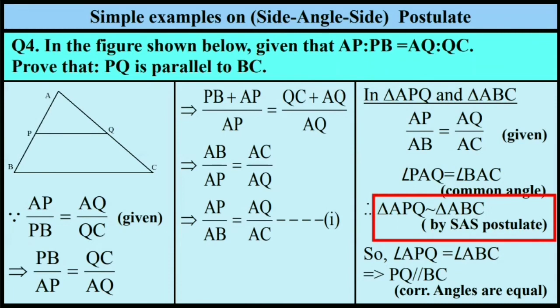Hence triangle APQ is similar to triangle ABC by SAS postulate, and hence we obtain angle APQ equal to angle ABC. And finally PQ parallel to BC because corresponding angles are equal. Hence proved.